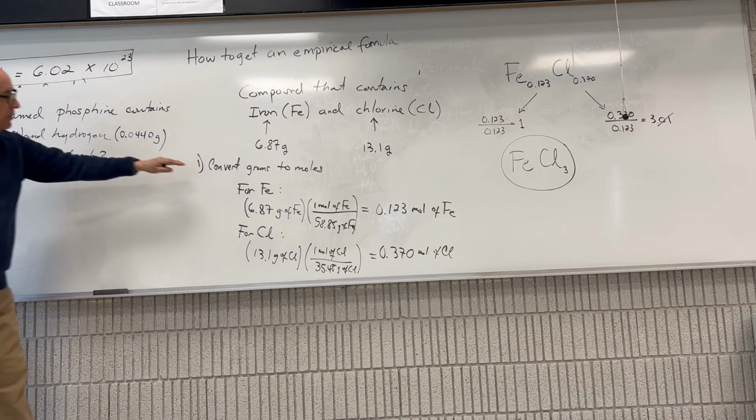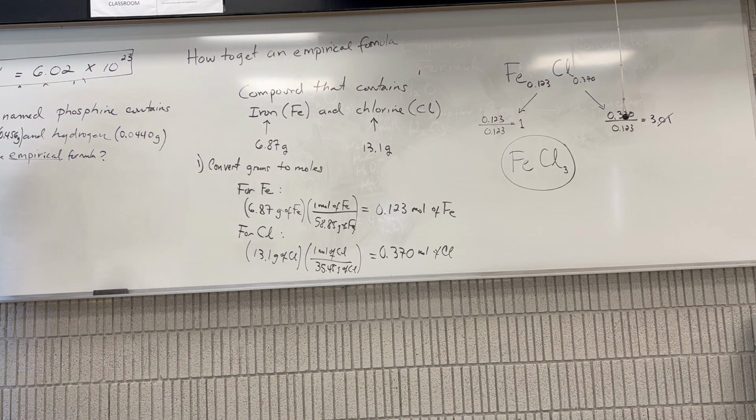We're going to do the same thing. We're going to convert grams to moles, for both phosphorus and hydrogen. So we have phosphorus, and we do the same thing that we did before. We put the amount of phosphorus that we have, 0.456 g.